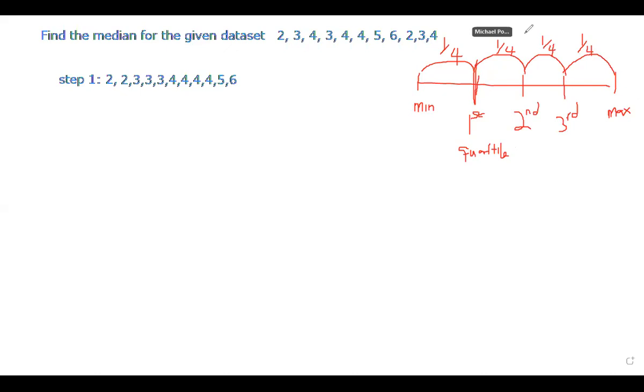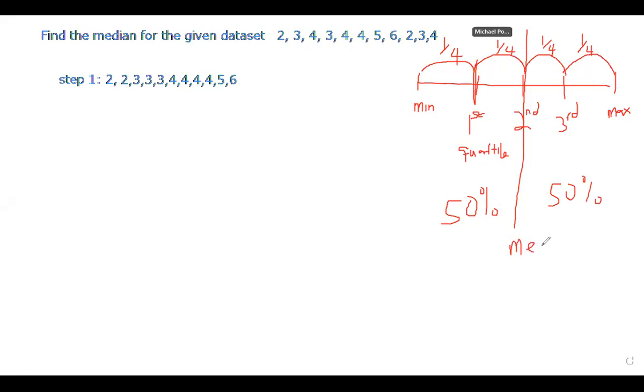Now you realize that the second quartile, which is the one in the middle of your division, is the first 50%. So 50% on the left and 50% on the right. So we call the second quartile the median.